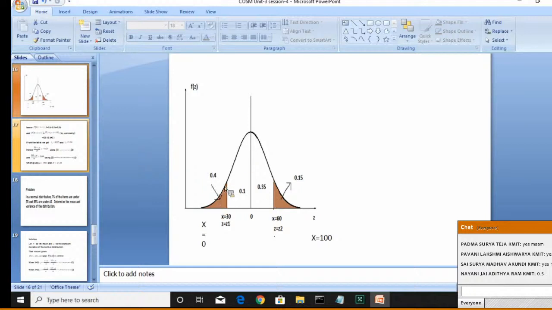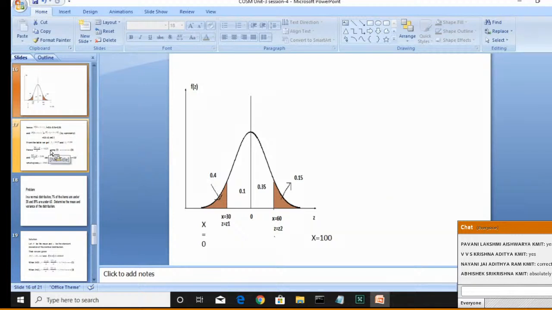Similarly, here also 0.5 minus 0.4 will give 0.1. Now, the figure is completely correct or not, you tell me. The figure is clear. Now, our idea is to find out the two standard normal variates we are having, that is Z1 and Z2. That we should find out.